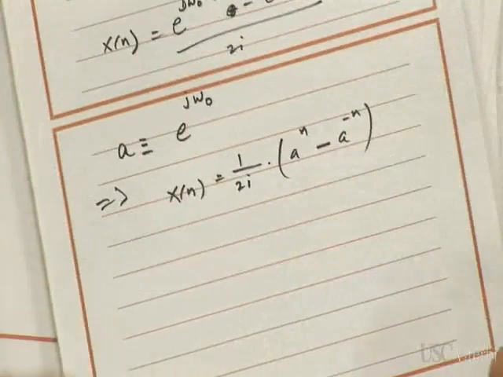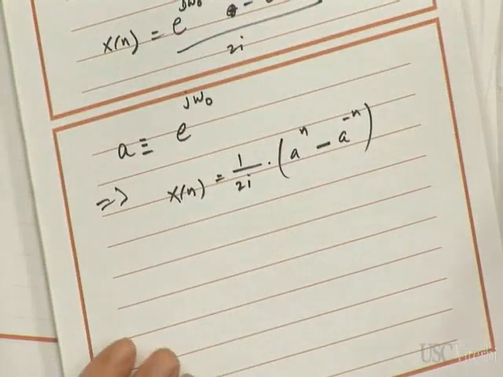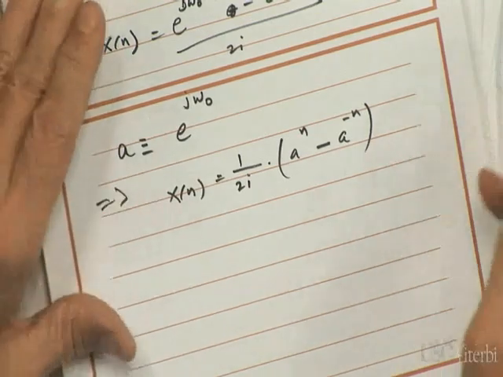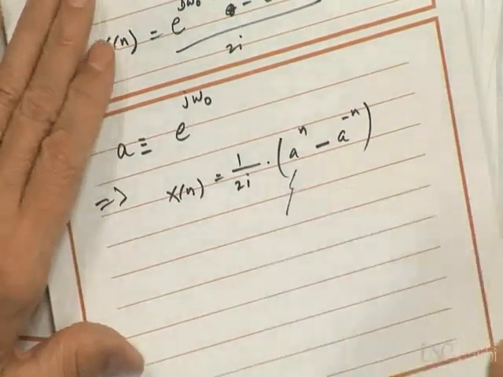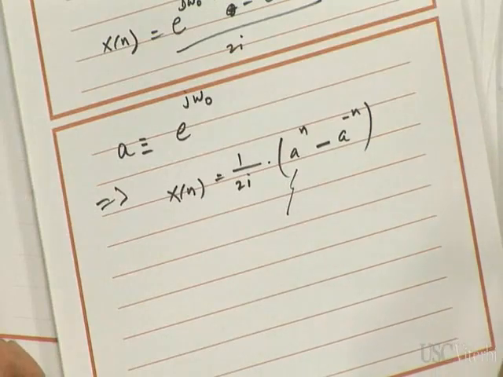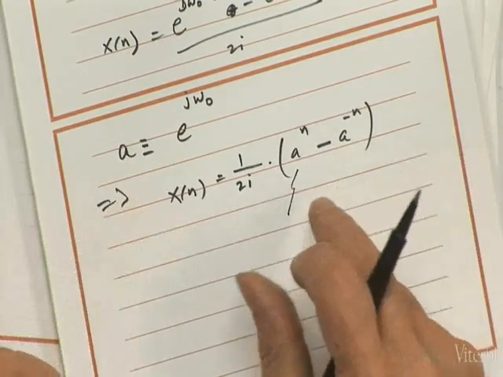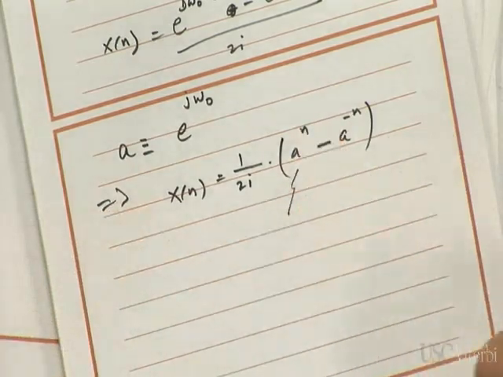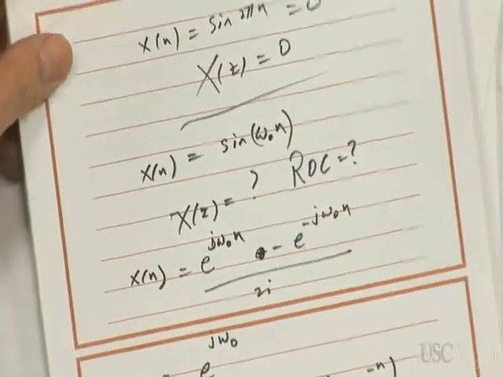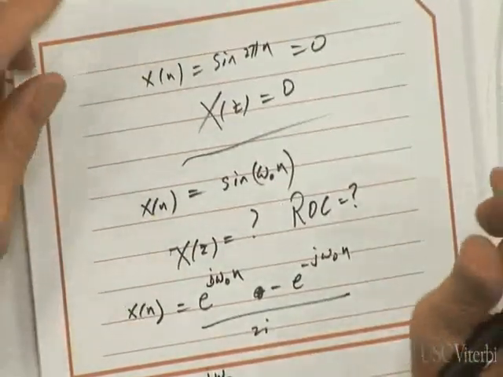Now you can do two inverse transforms and look at their ROC. The truth of the matter is, this is a double-sided sequence. Let me change this problem slightly.